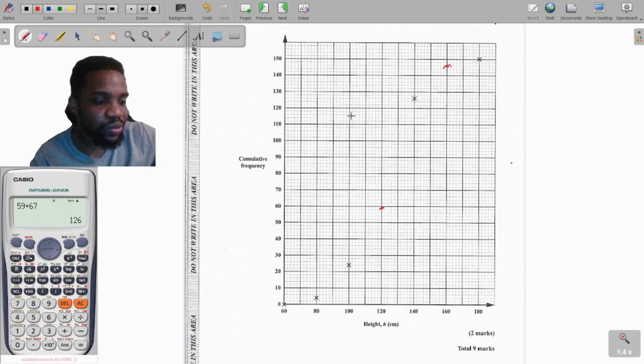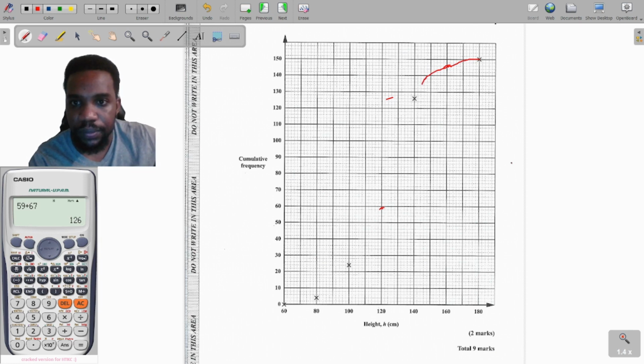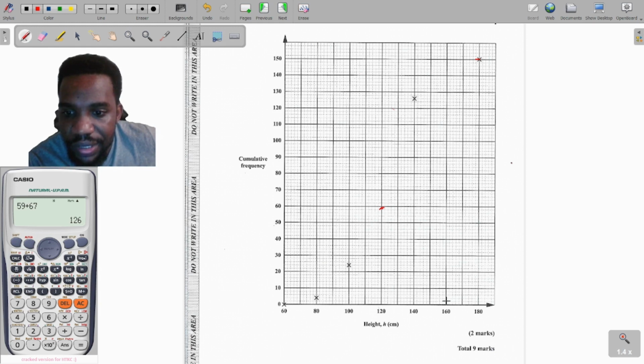So all I have to do at this point is to simply draw the curve, right? Now, it's a bit more challenging to draw because I'm drawing this on a computer screen, but it should be pretty easy for you. You want to make one draw that captures everything. So that's 160 with 146, which was right here.